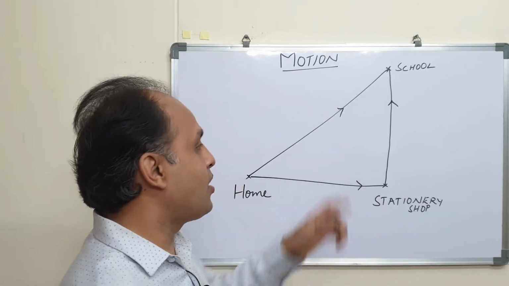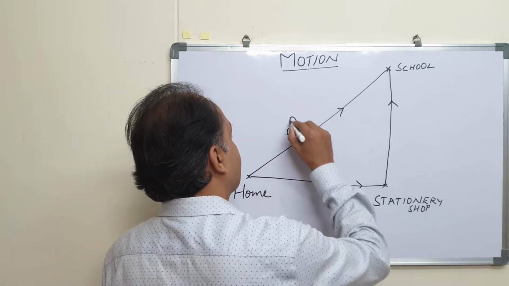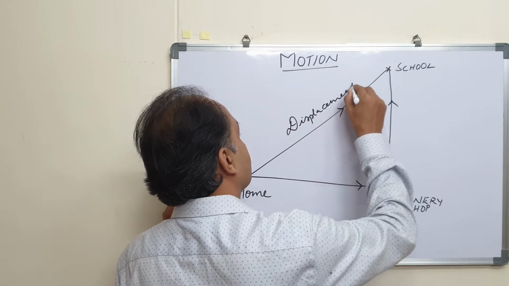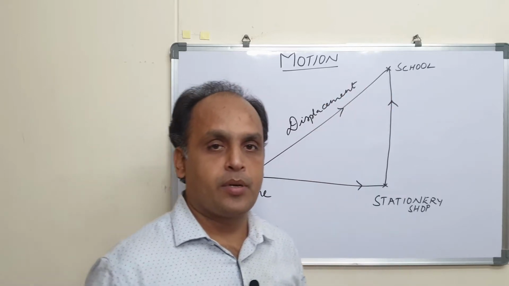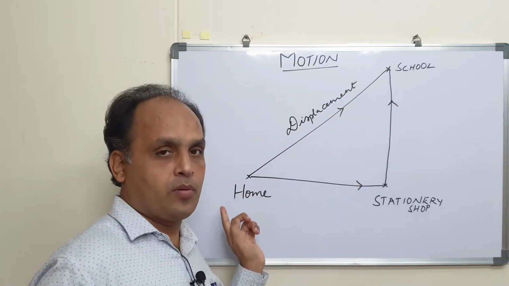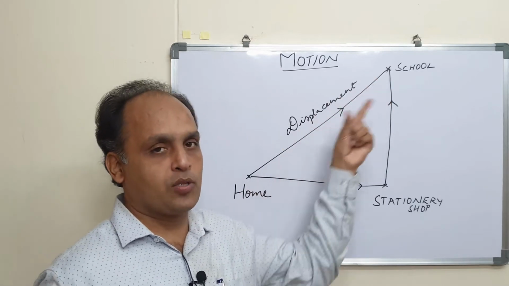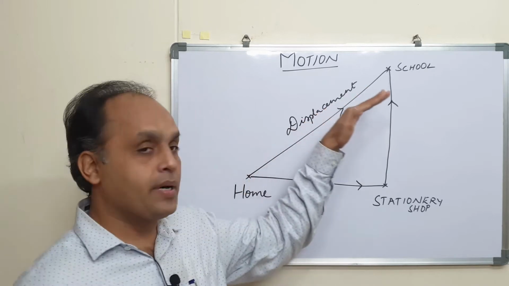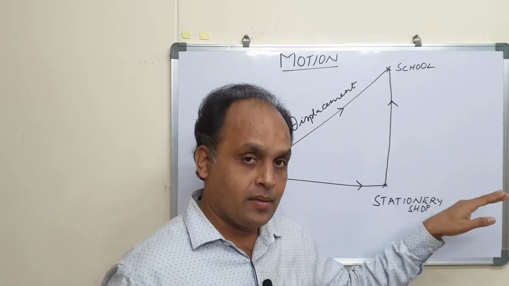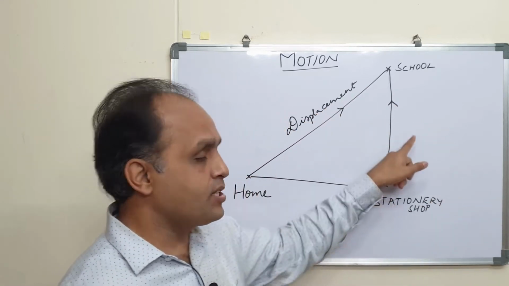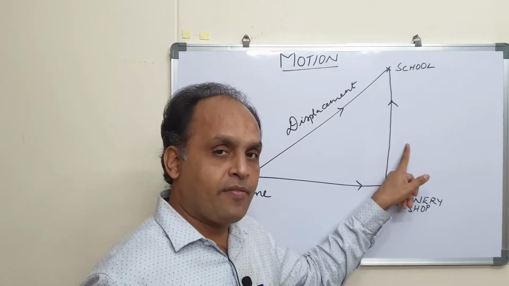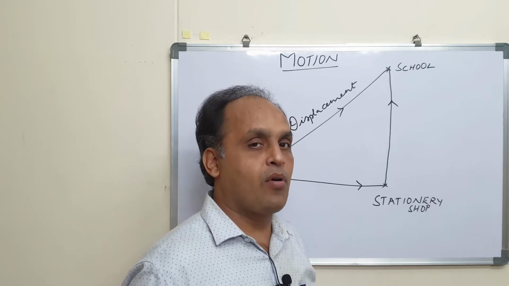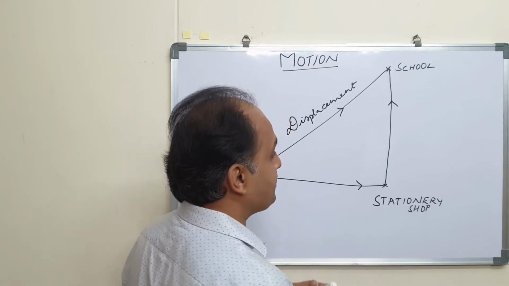Whereas this is called as the displacement, because it is the shortest between this and this points, the home and the school, and it is happening in a particular direction as well. Now, to cover this distance, you will definitely take some time. So that distance covered in some time, we have already discussed as speed.